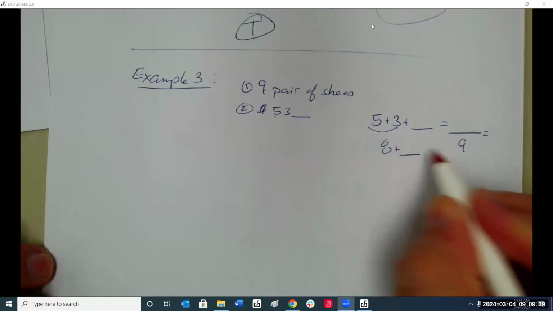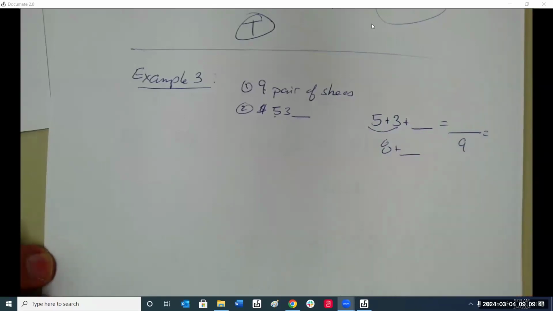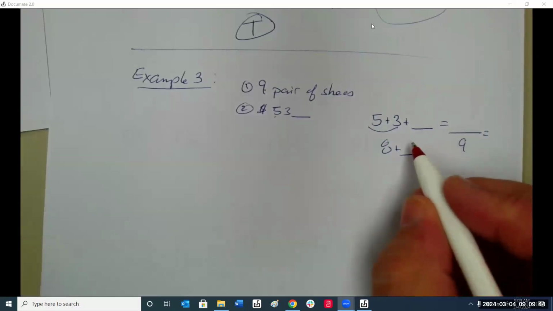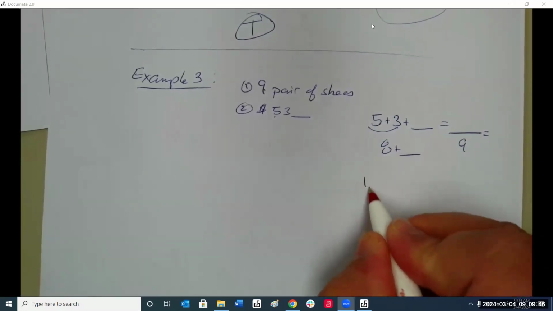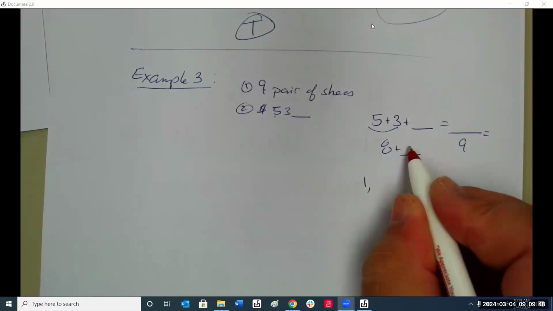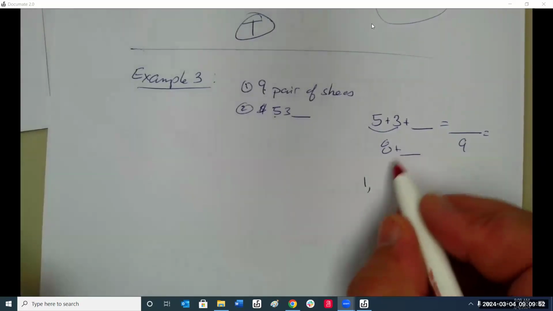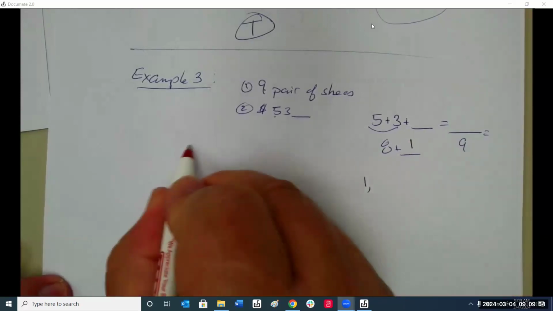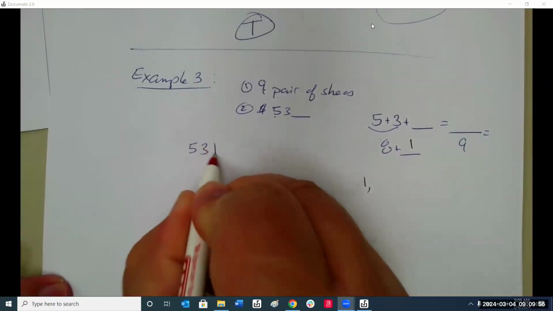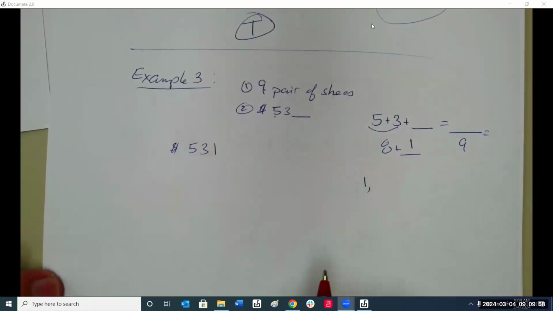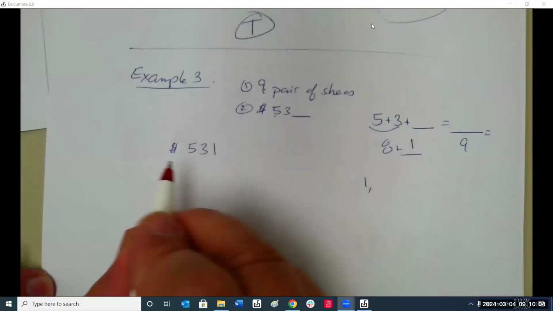So what number can I add to it that gives a number divisible by 9? It can't be 0. It can be 1. Can it be 2? Can it be 3? 4, 5, 6? No. So 1's the only one. So 531 is the price, because it has to be divisible by 9.